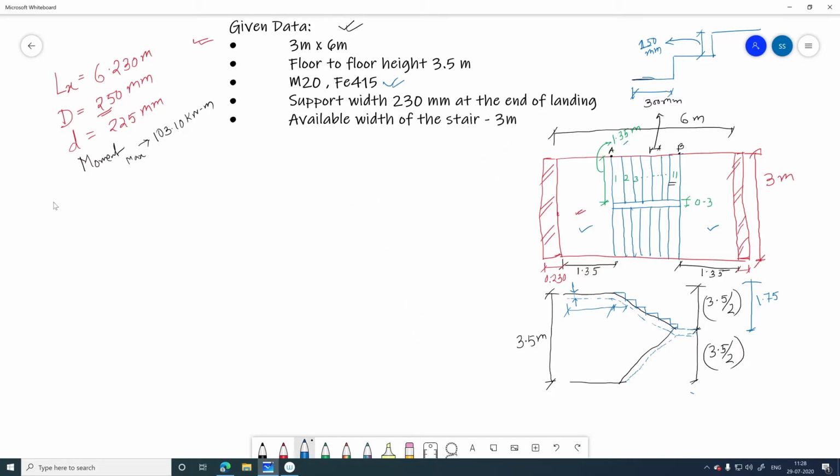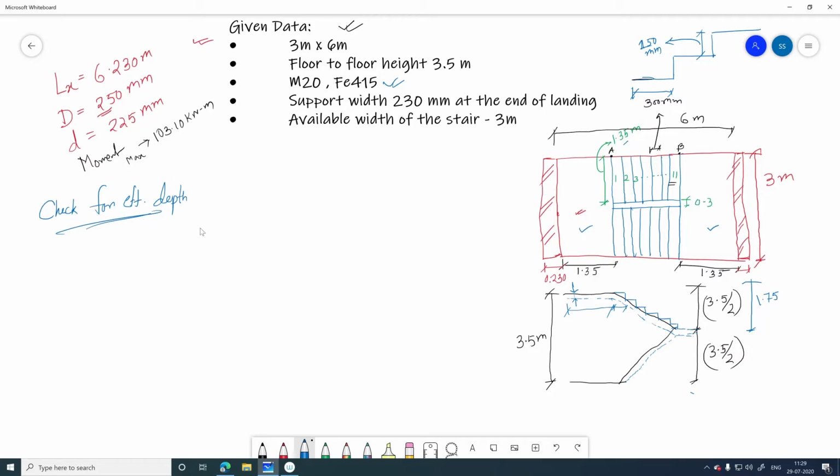So we will check for the effective depth.